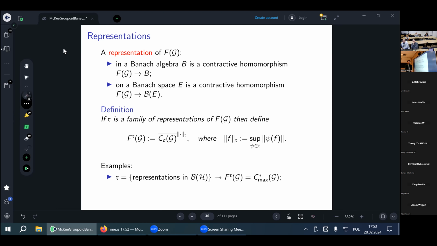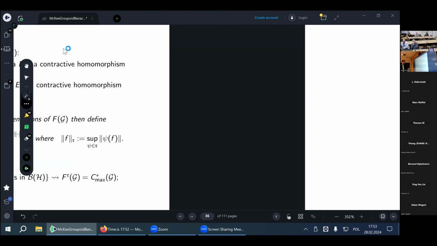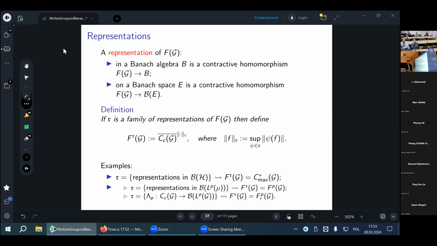In particular, if you choose R to be all representations on Hilbert space, this will give you the maximal C-star norm. Or if you choose R to be all representations on L^p spaces, this will give you the universal L^p norm considered by Phillips and Lupini, I think. Or you could choose R just to be the single regular representation, then you get the reduced algebra.